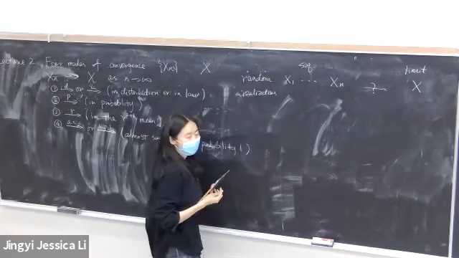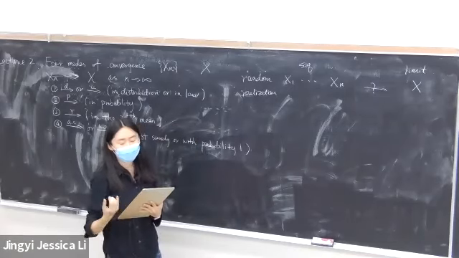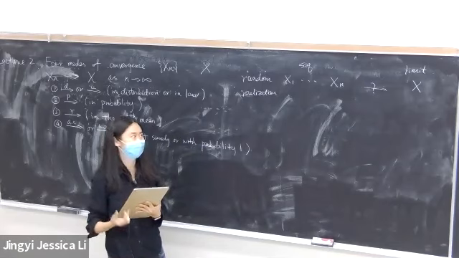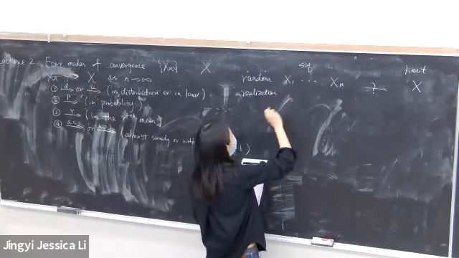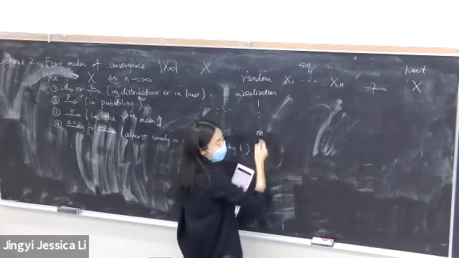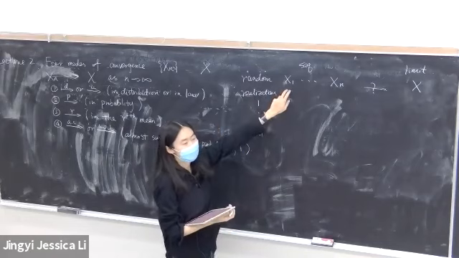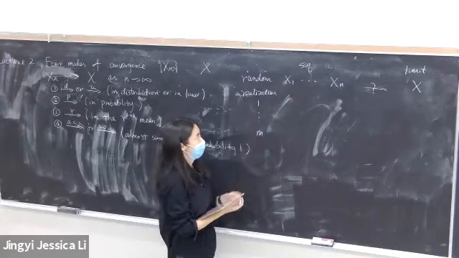I'm going to use lowercase to represent the realizations, and you should think of each lowercase as a number in your mind. Say we have m realizations in total. In other words, for each random variable, I do sampling m times.